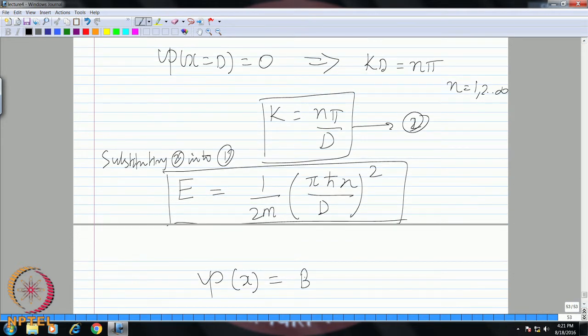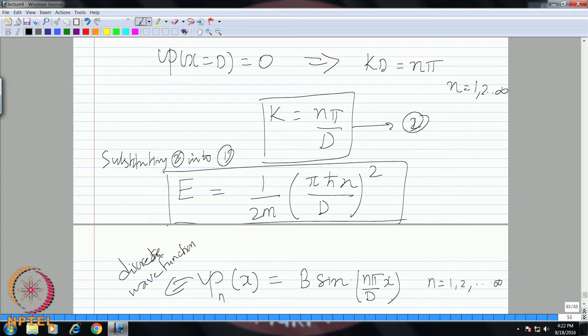B sin kx, where k is nothing but n pi by D. I use the subscript n to indicate that the wave function is also quantized for different values of n from 1 to infinity. So, these are the discrete or quantized wave functions corresponding to the value n.